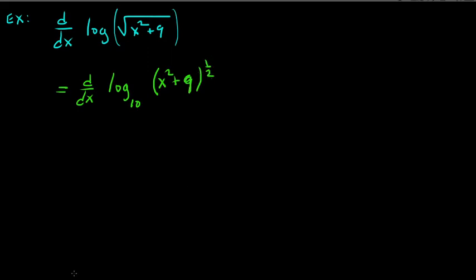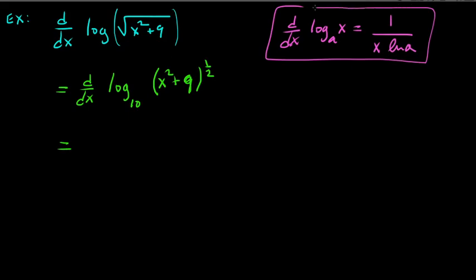And you may remember the formula for log of any base. If not, feel free to look it up. Here it is again. Log base a of x is going to be 1 over x times the natural log of a. Okay, I think that's it.